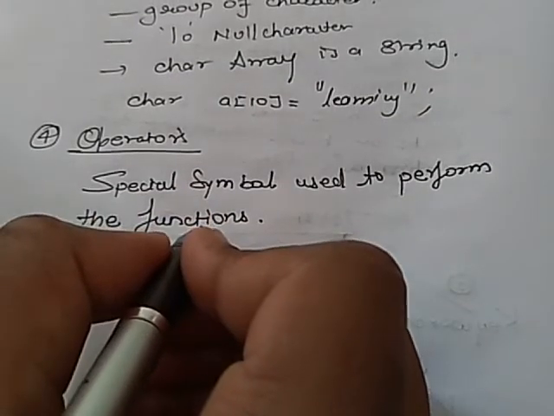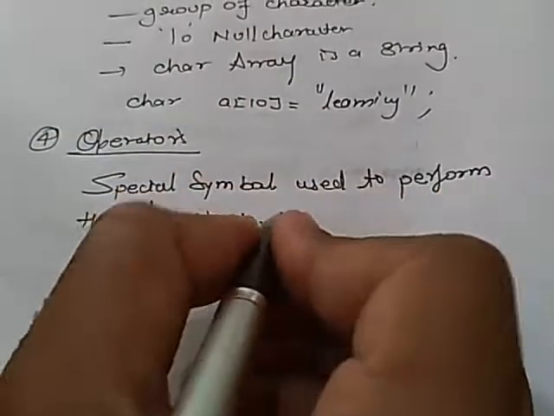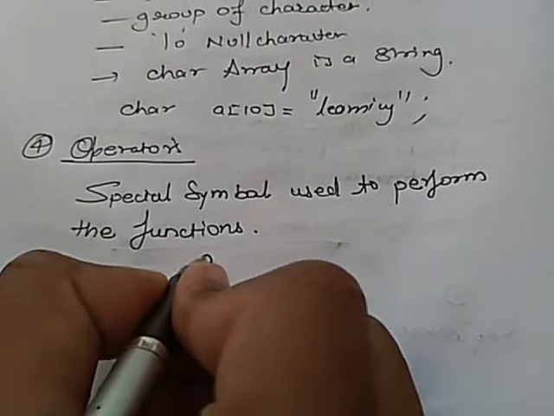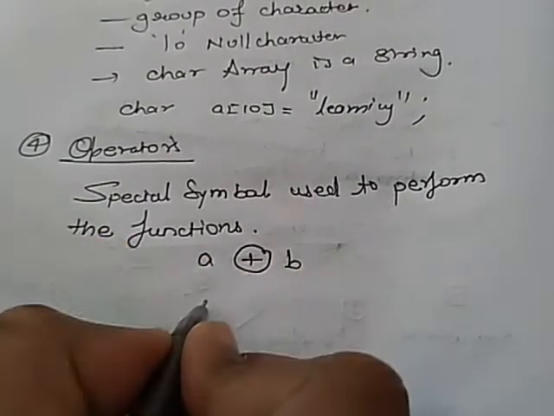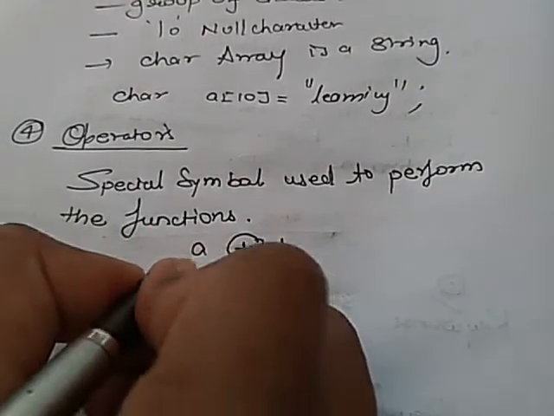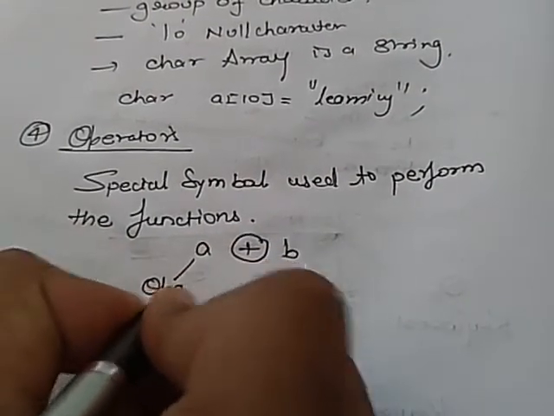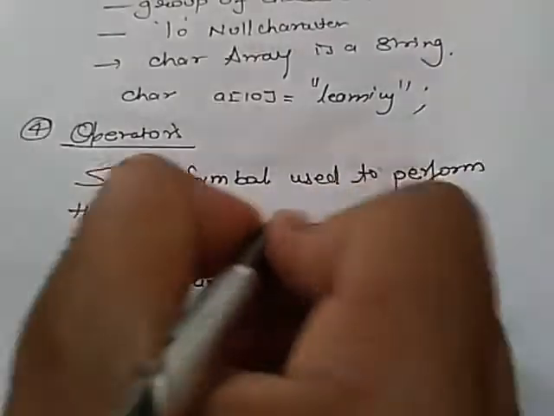The data items on which the operators are applied are known as operands. For example, we have two variables a and b, and we perform a mathematical operation, that is the sum of two variables. Then a and b are operands, and this is the operator.